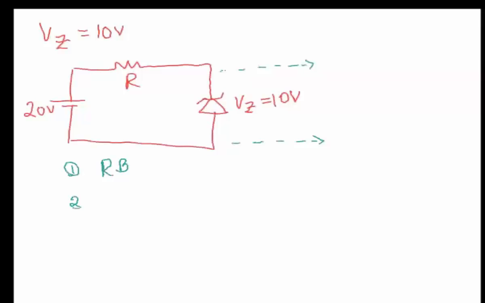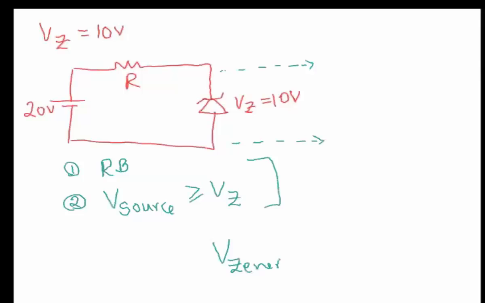The second condition is, is the source voltage greater than or equal to the VZ? If these two conditions are satisfied, the voltage across the Zener diode equals whatever the VZ of the given diode is. In this case, it is going to be 10 volts.